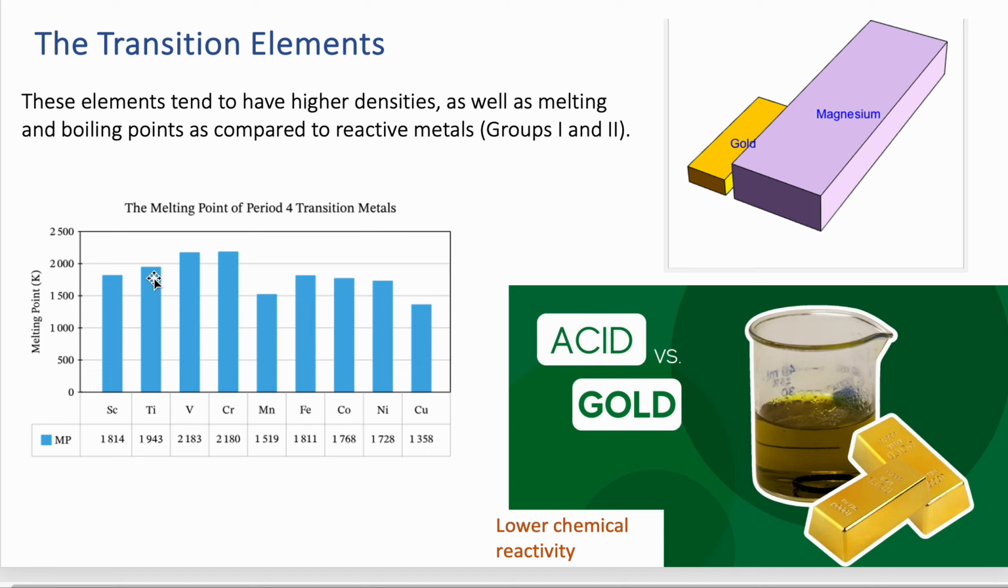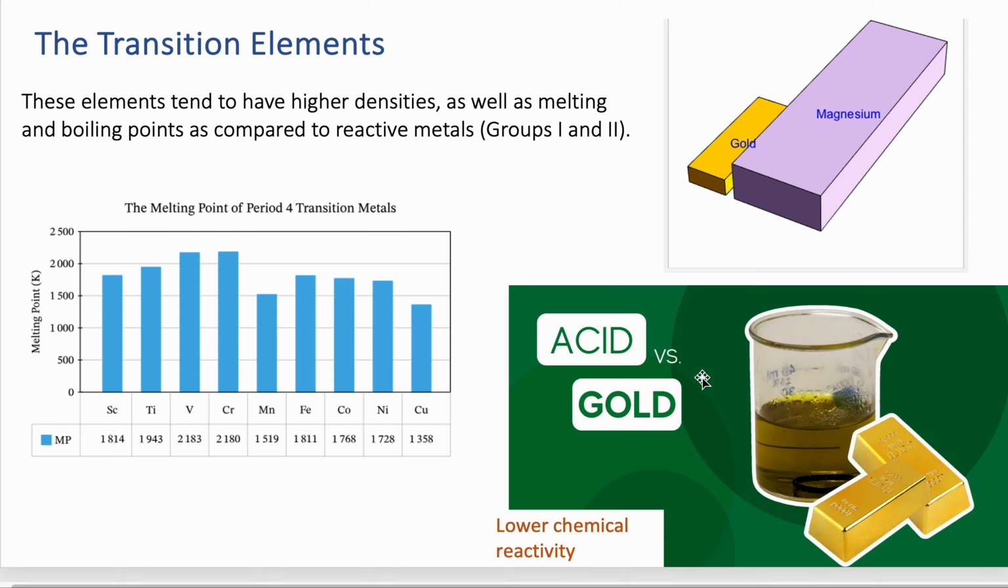The melting points and other trends in the transition metals are not as clear as we see with the group number 1 and group number 2 elements. But generally speaking, you just need to remember that they have higher melting points and boiling points, as well as higher densities.